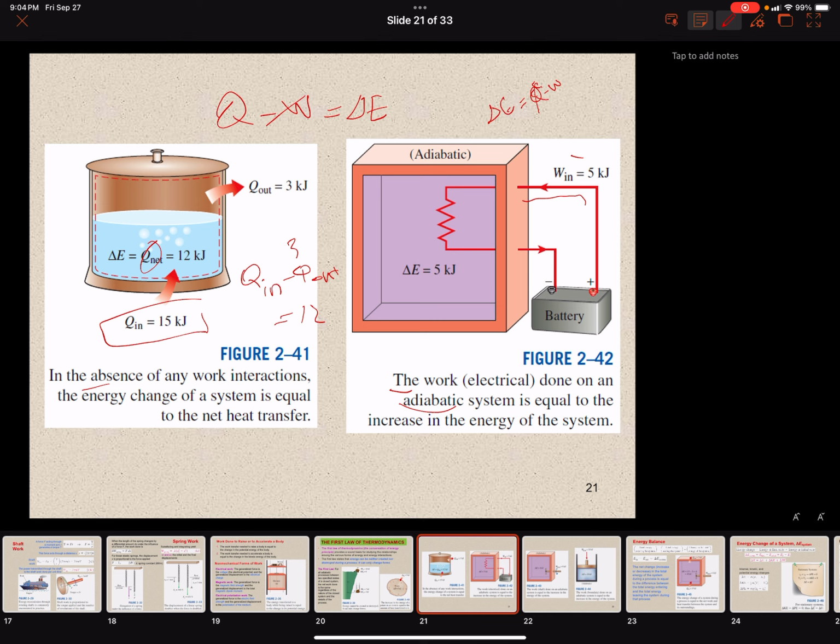Negative with negative will be plus, and it will be 5 kilojoules. So now you understand how we can apply the first law of thermodynamics.